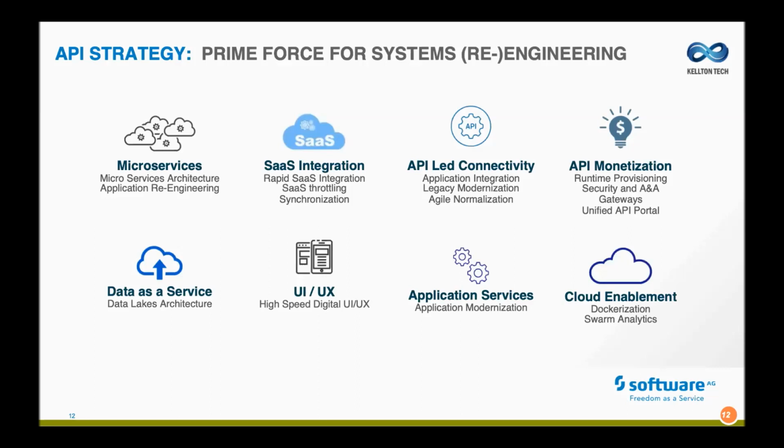Application services and cloud enablement, including Dockerization and Swarm analytics about your new cloud application scalability, are also important aspects on how to leverage APIs that can bring all your IT together in the future state. So APIs, as you can understand, will become your prime force for systems reengineering and agility of your digital IT of the future.